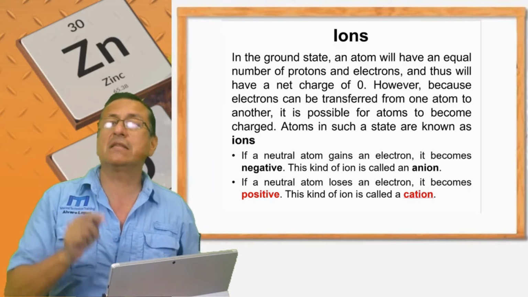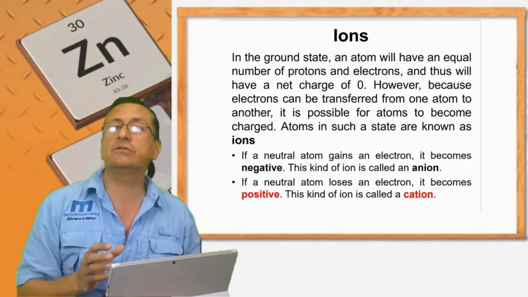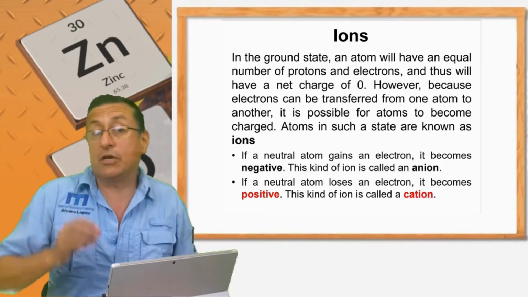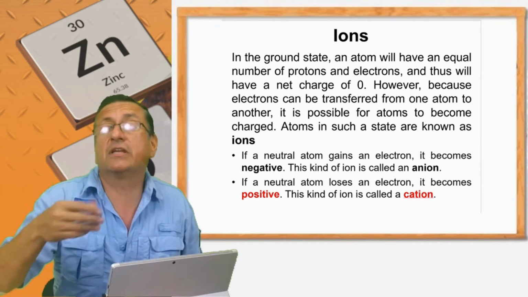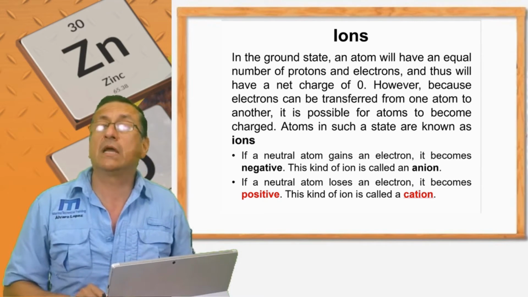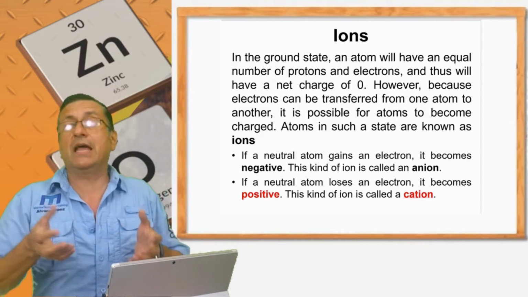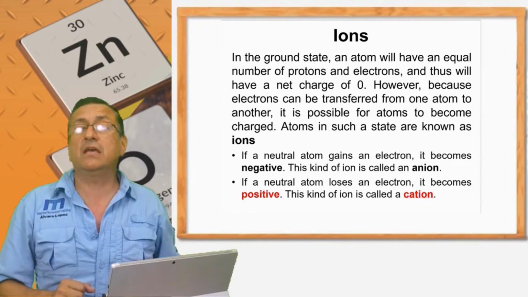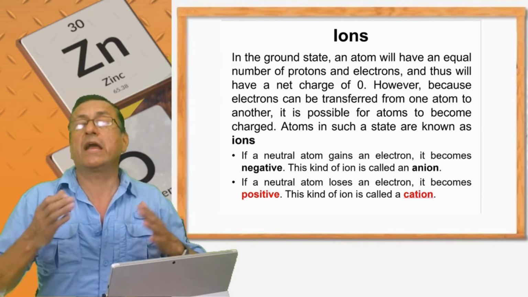Each time an element releases electrons, that element becomes a little more positive because it releases negative charge. The other element, the element that receives negative charge, at the end of the day is more negative.